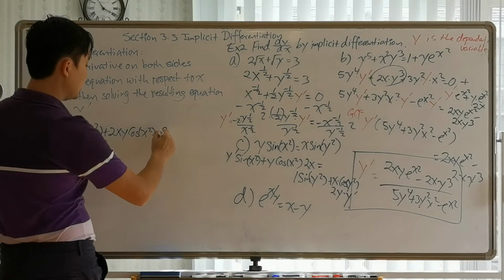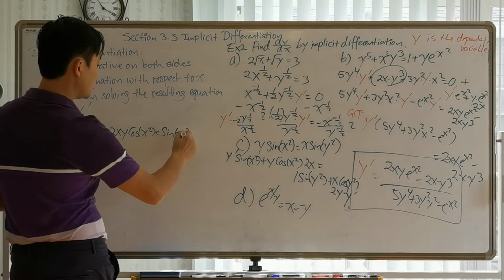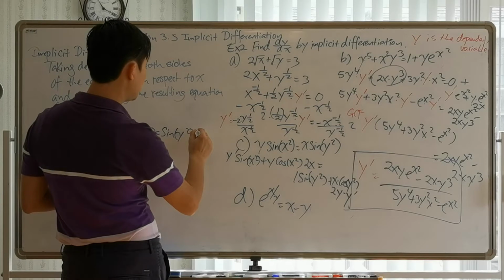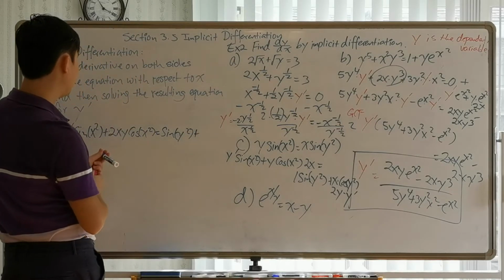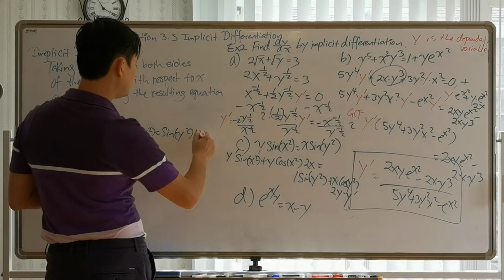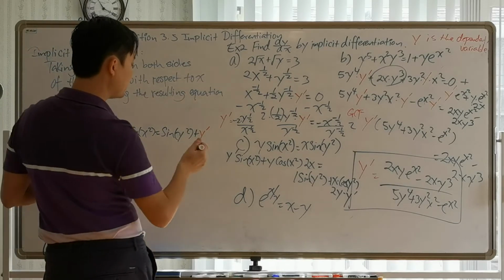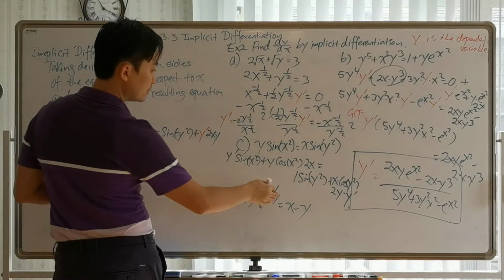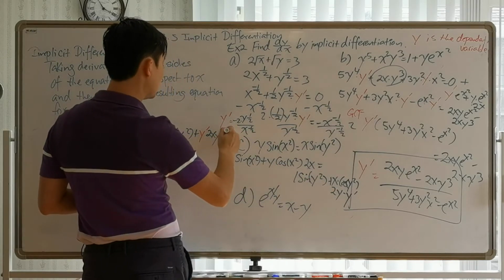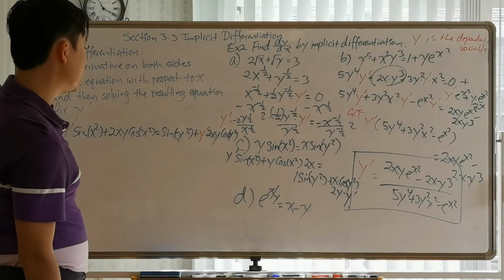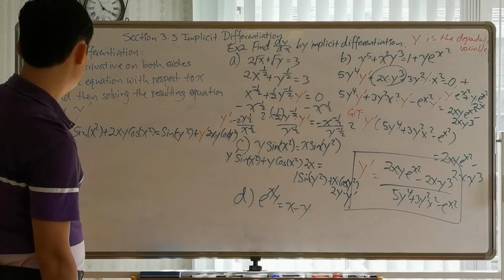That equals sine of y squared, and then plus y prime times 2xy, and then cosine of y squared. Gotta be careful with this one, chain rule. There are a lot of elements involved here.